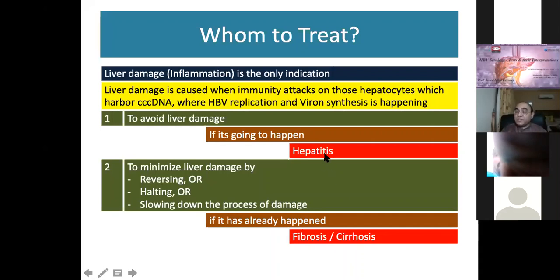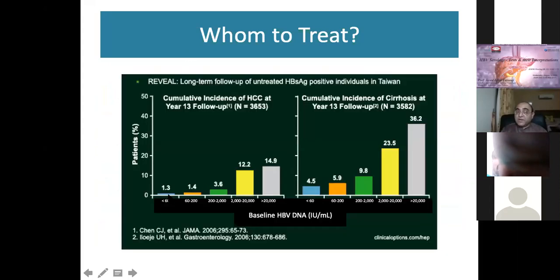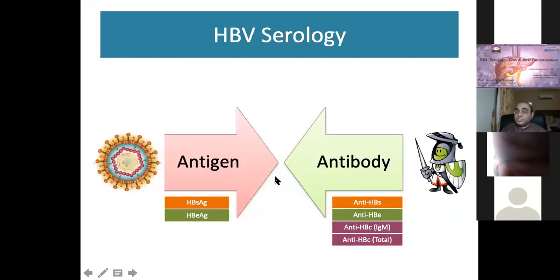So we treat patients in the chronic hepatitis B hepatitis phase, or if a patient has developed fibrosis or cirrhosis. These are the main factors, and we know that the higher the viral load, the higher the chance of the patient developing cirrhosis and hepatoma.